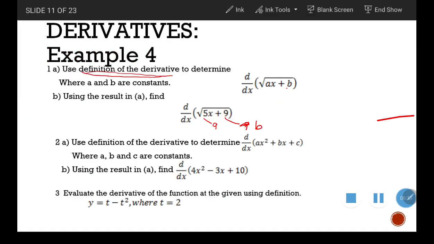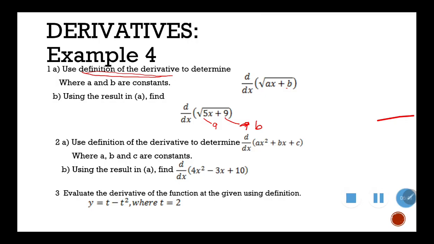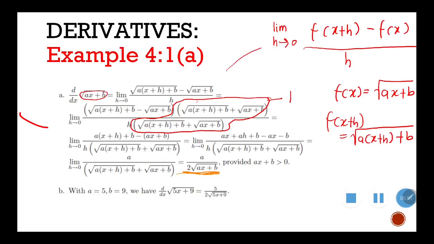So let's look back at example 1b. Using the result in a, find the differentiation value of square root of 5x plus 9. So this is really easy.